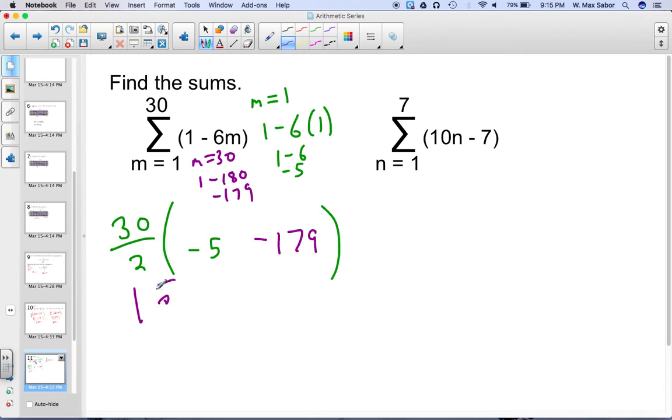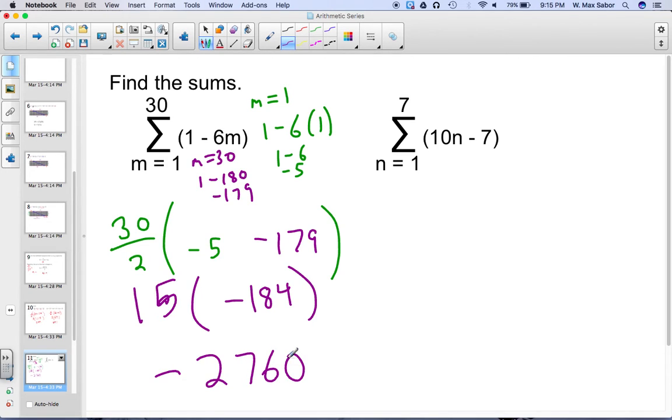Add those up, negative 184, and now we can do 15 times negative 184, which gives us negative 2,760. Certainly much better than adding 30 numbers together.